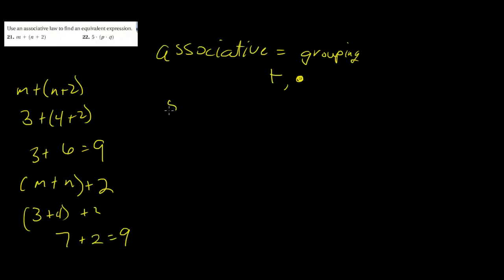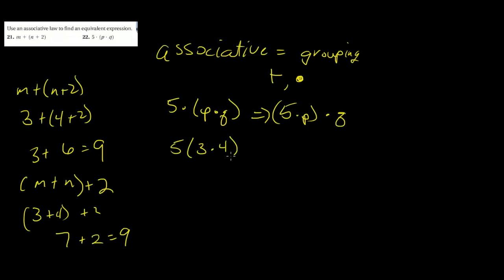The same thing with 5 times the quantity p times q. That's the same thing as saying 5 times p, quantity, times q. So if I were to say 5 times 3 times 4, that would be 5 times 12, or 60.